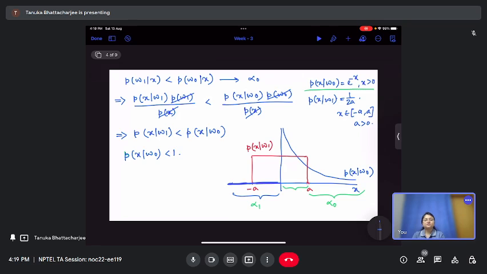So if we have such a value of a such that 1 by 2a is always greater than or equal to 1, in that case we will always take the action alpha 1. So what will be the condition for that? We need this to be greater than or equal to 1. That means our a has to be less than or equal to half.